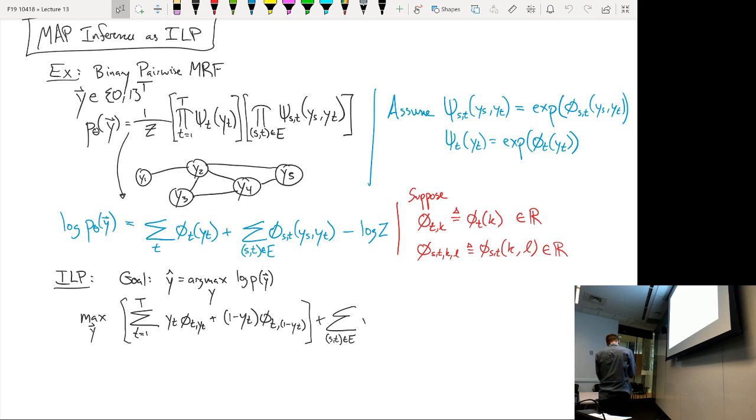So we're going to have ys yt phi st. And now, just so that our brains don't explode here with subscripts, I'm actually going to change our notation just a tad here, so that we'll say phi t of. We'll go ahead and stick with what we've got.